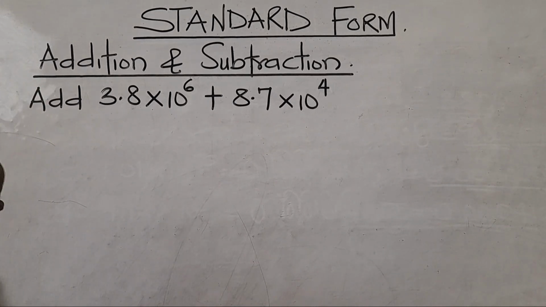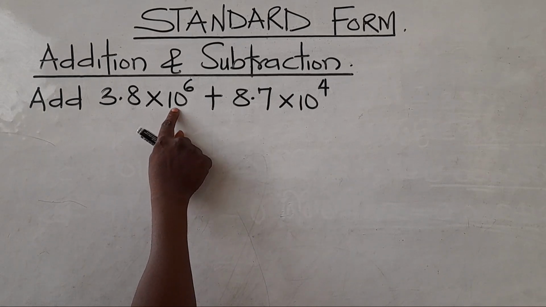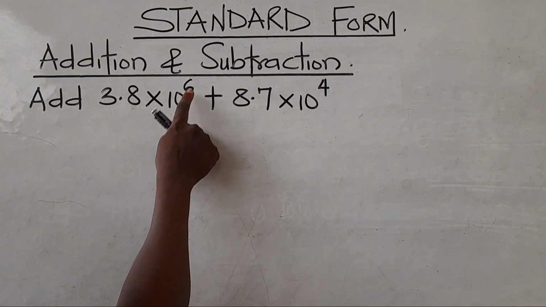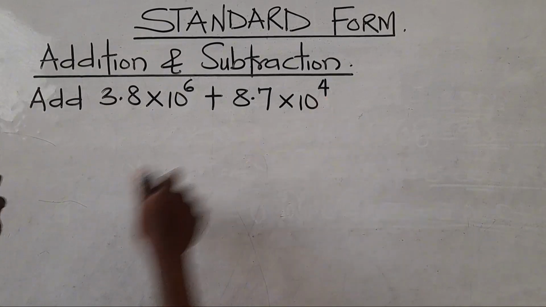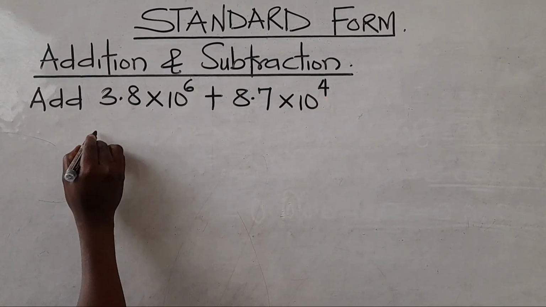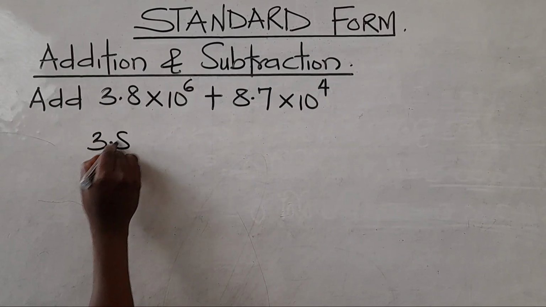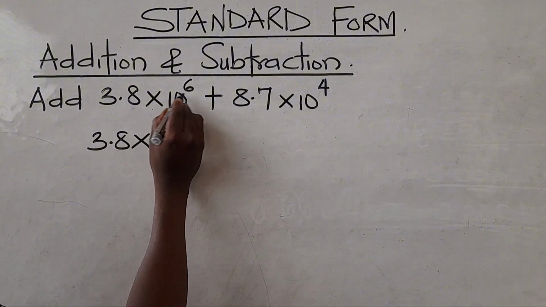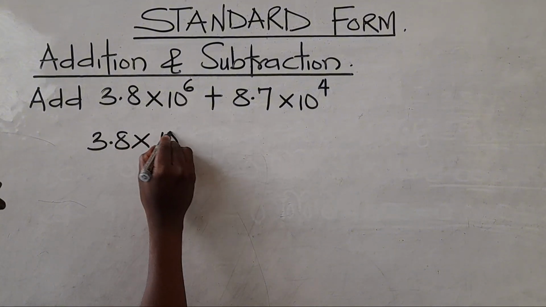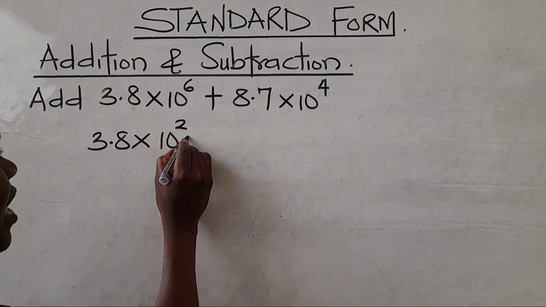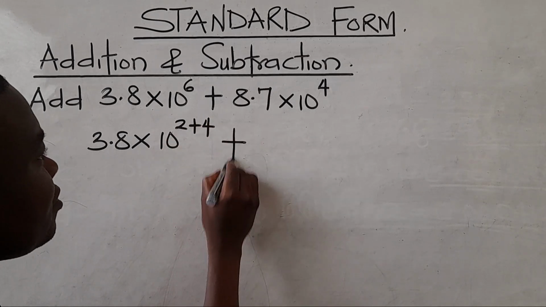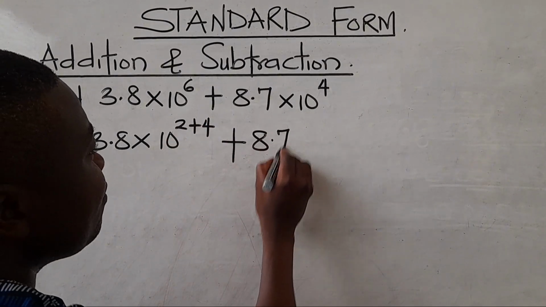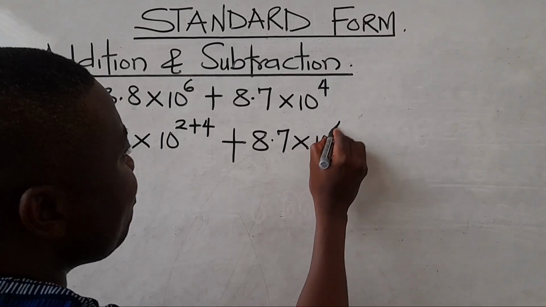So the first thing you have to do is make sure that the powers of 10 are the same. So here, to turn it that way, we're going to say this is 3.8 times 10 to the power 6 plus 8.7 times 10 to the power 4.